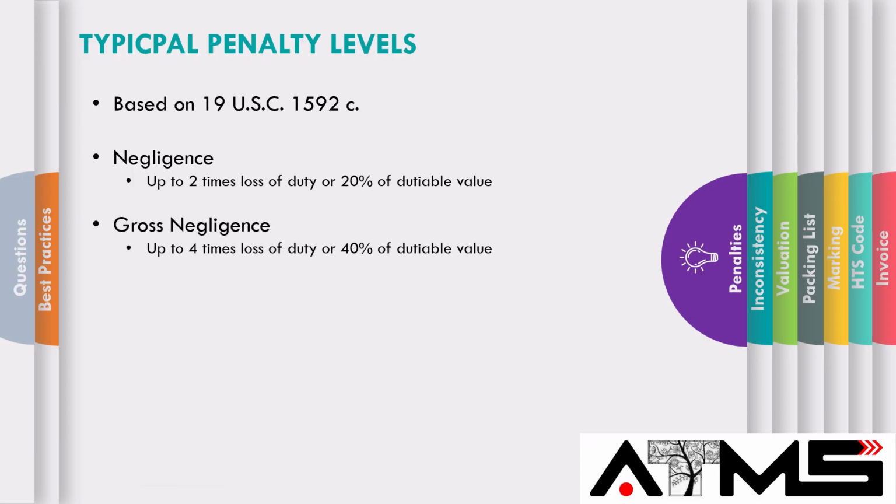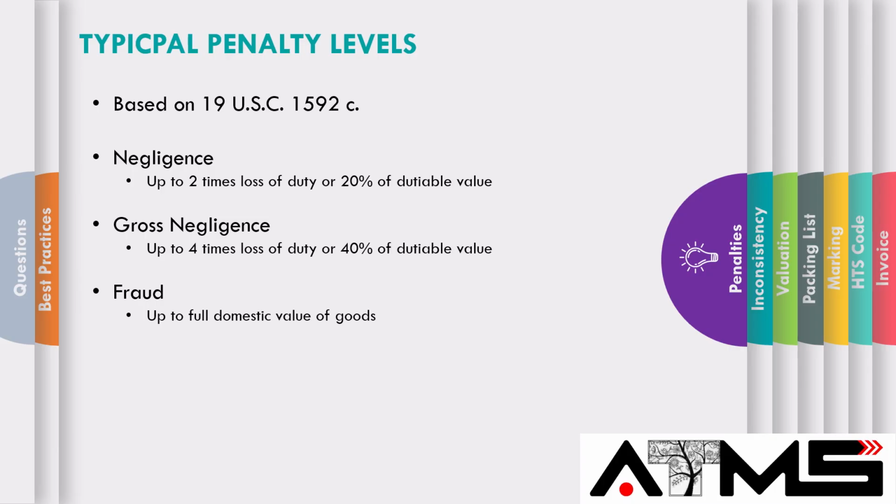Next is gross negligence, a repeated or careless violation. In that case, penalty would be up to 4 times the duty loss or 40% of dutiable value. Finally, fraud, which is an intentional false statement, deliberate falsification or misrepresentation.